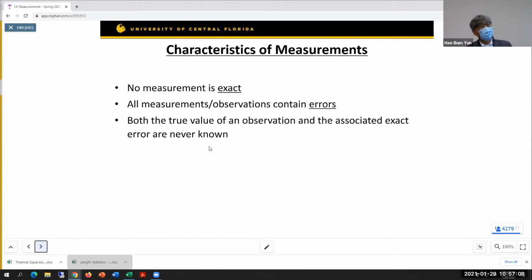That is actually the dilemma that we have. If we knew either the true value or the exact error, then we could find the exact value, but the problem is we don't know them. So a very important technique that we have to learn is how to minimize the error or how to find the most probable number. That is the key.